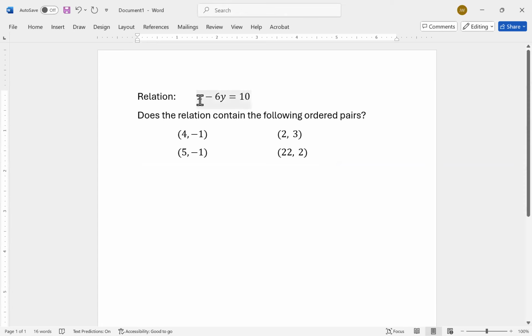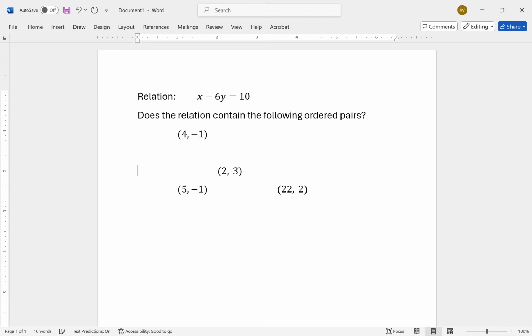Now remember, x here was representing the input values, y is representing the output. We already said generally in ordered pair notation, we always go input first and then output second. That's because, again, as English readers, we read left to right.